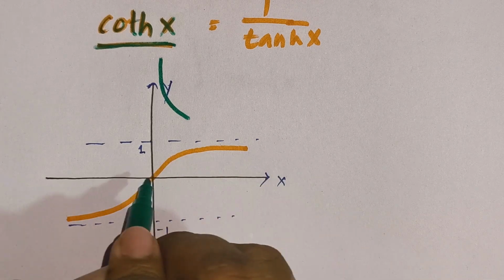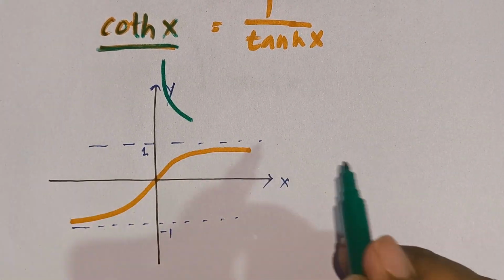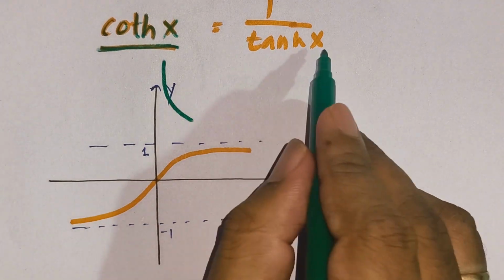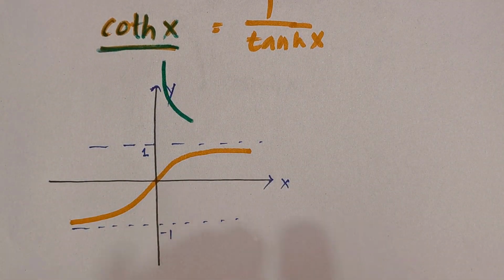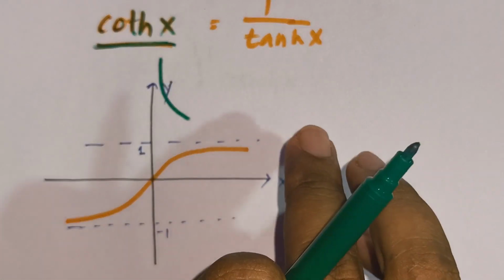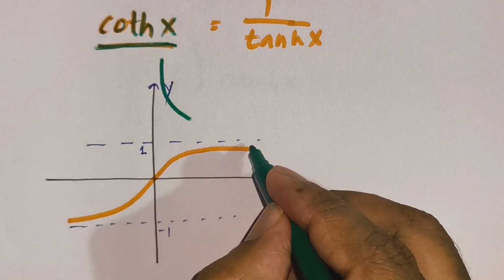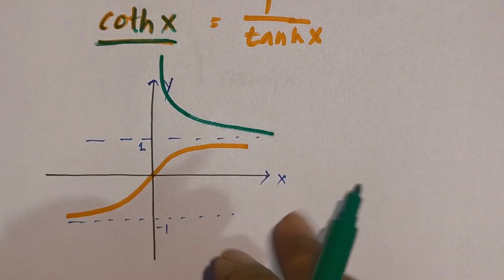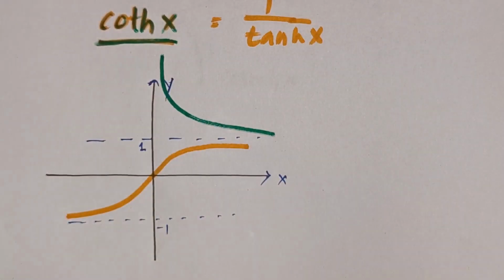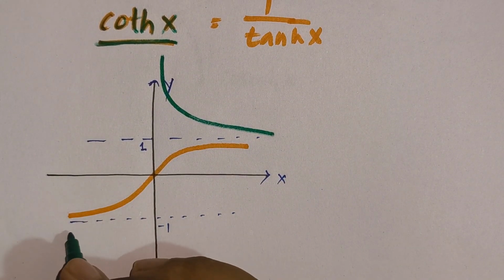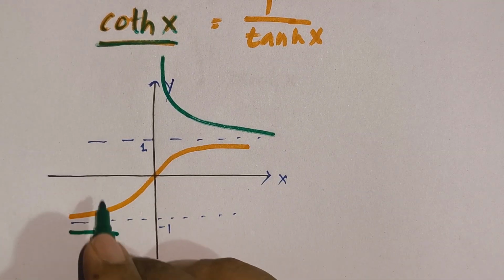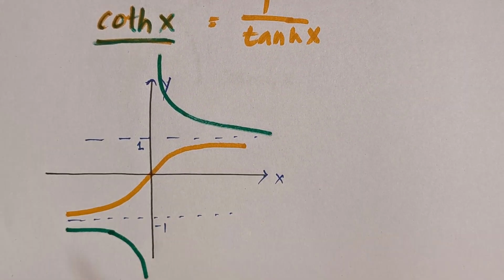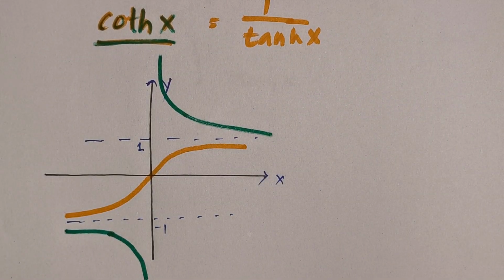And when you go towards large x, the heights approach the line y equals 1, so its reciprocal will also go towards 1, but bigger than 1, since this is smaller than 1. So in positive x, hyperbolic cotangent looks like this one. And by the same logic, since these are all negative, hyperbolic cotangent looks like this one in the negative x part.